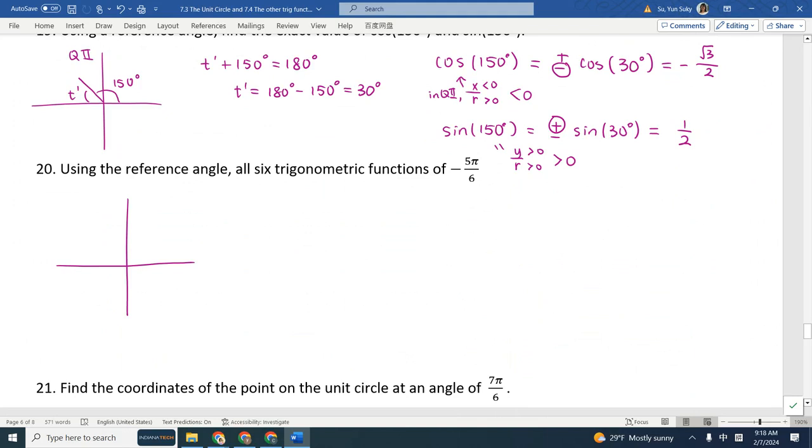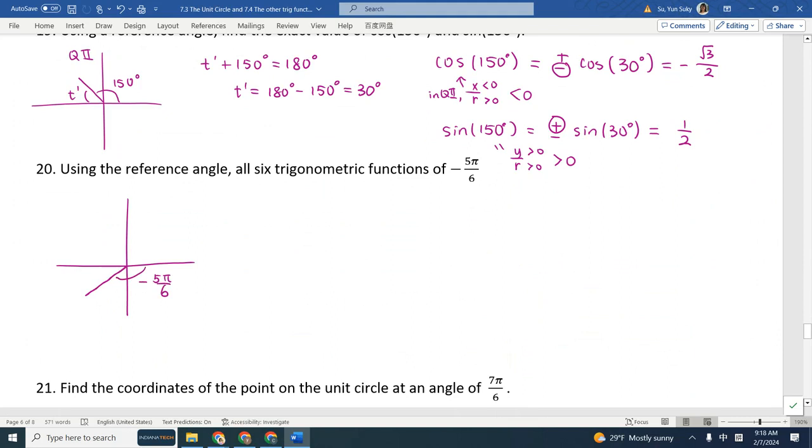And 5 pi over 6 is less than pi, right? If you go pi, negative pi is right here. But negative 5 pi over 6 is less than pi, so you don't rotate that much. Then the angle is right here. So this is negative 5 pi over 6.